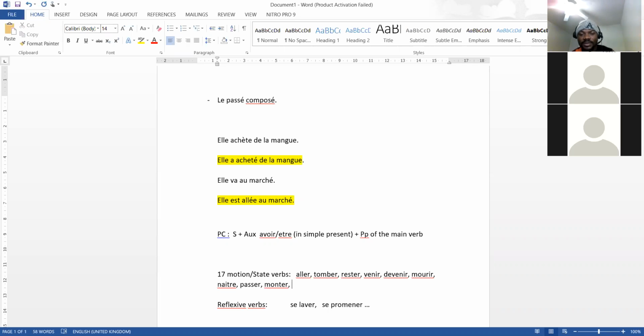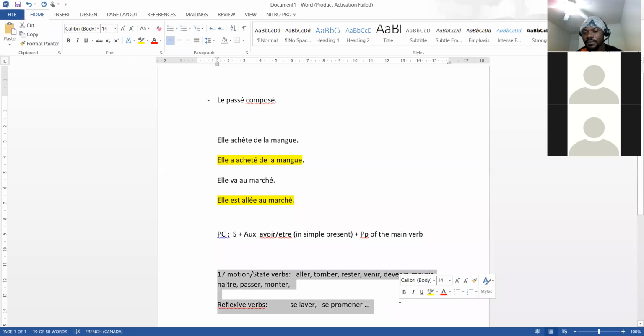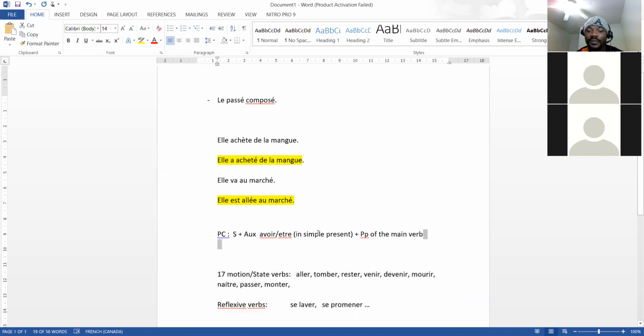They are many, those are just examples. Also we have the auxiliaries themselves. But apart from this, every other verb in French uses avoir. These ones use être.